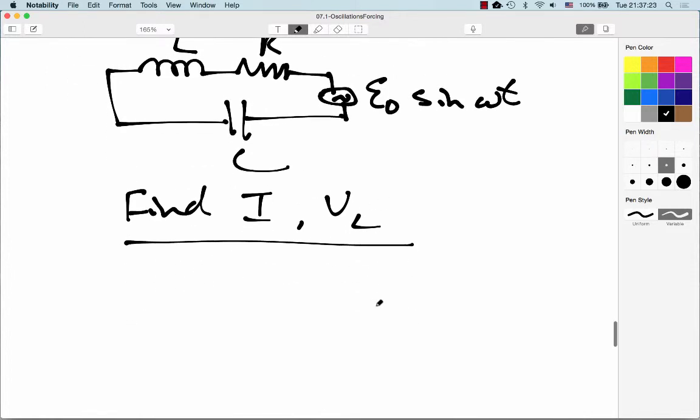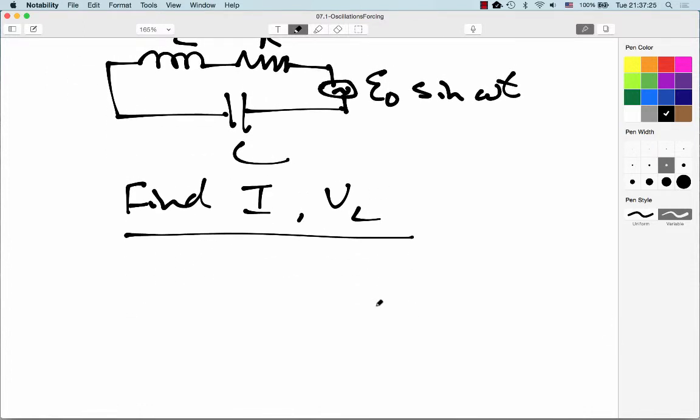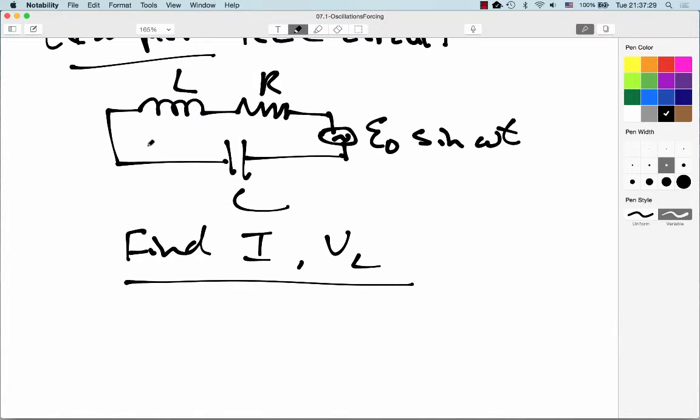All right, so we can start by doing Kirchhoff's loop rule on this. So we go around and add up all the voltage drops. We'll have a drop of L i dot, so L Q double dot there.